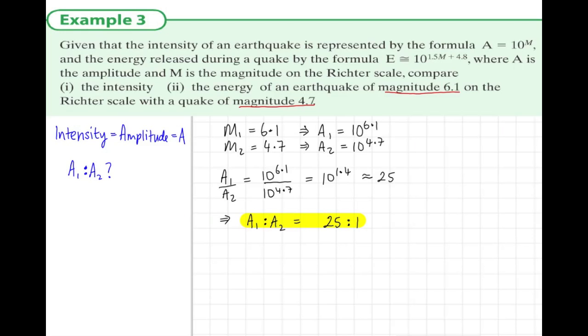The second answer is asking us also to compare the energy. So this is asking, what's the energy of the first compared to the energy of the second? Again, as a ratio or a fraction. So this time we just sub our magnitude values into the energy formula given here. So the values we're putting in are 6.1 and 4.7. So the energy of the first one, we're putting in, instead of m, the number 6.1.